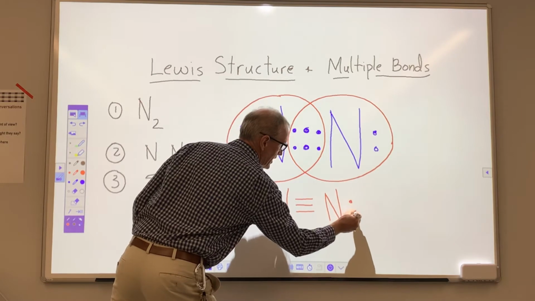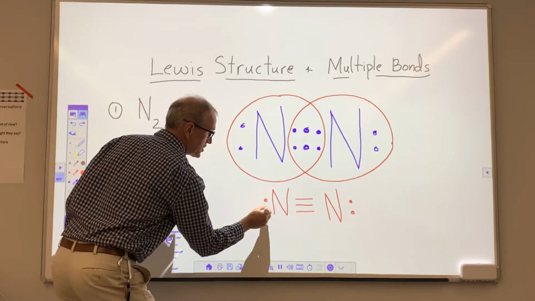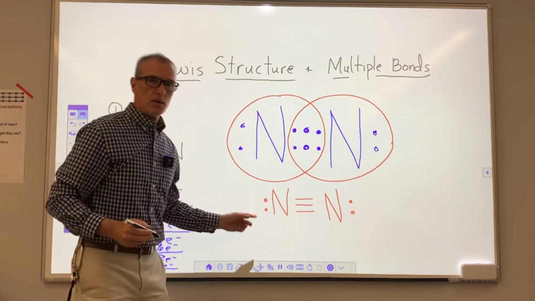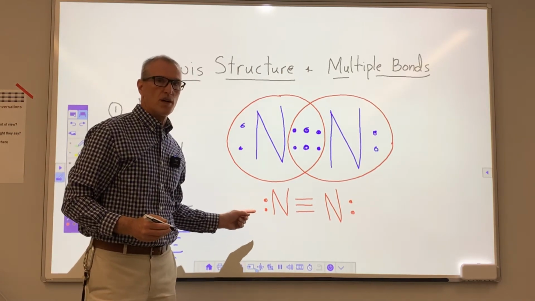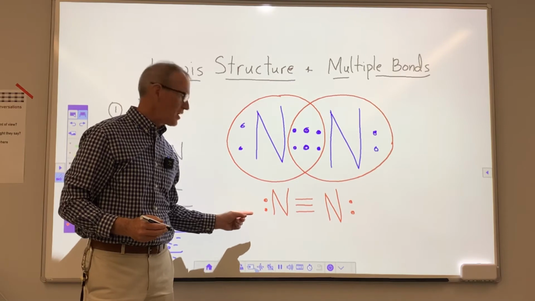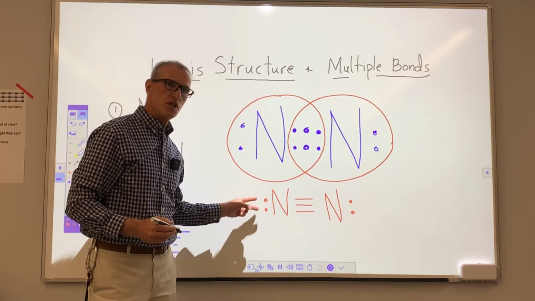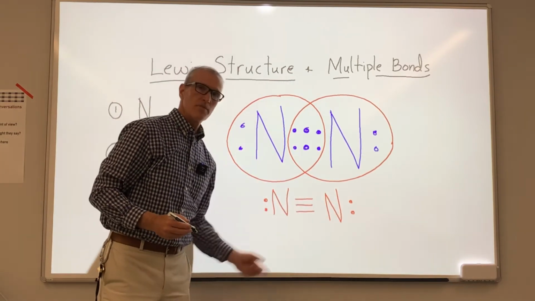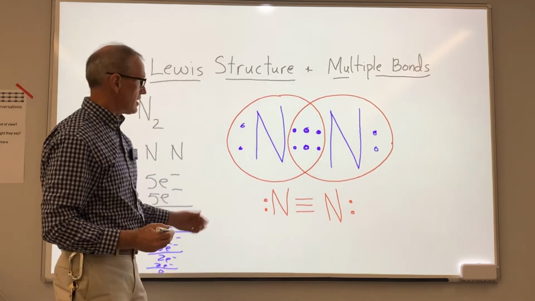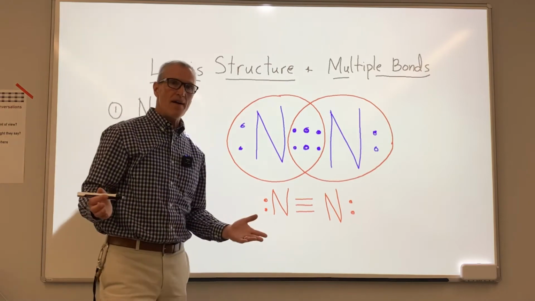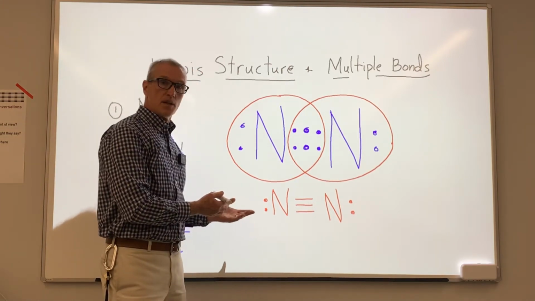And then I'm going to keep these unshared pairs in the Lewis structure, because these are significant to the electronic structure of this molecule. It's important to know that we have these 2 unshared pairs of electrons in the molecule and 3 shared pairs of electrons in the molecule. So there you have it. That's how we could end up with a triple bond.